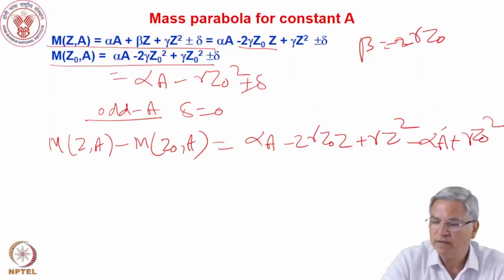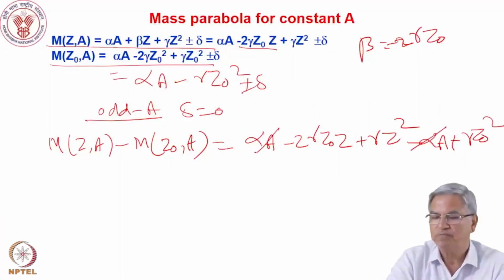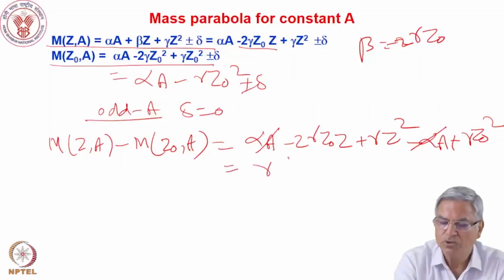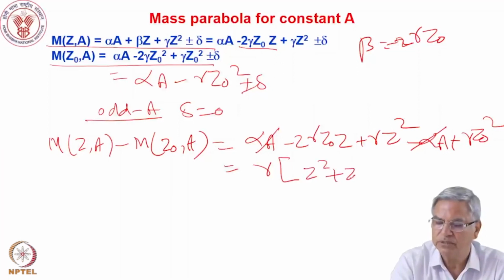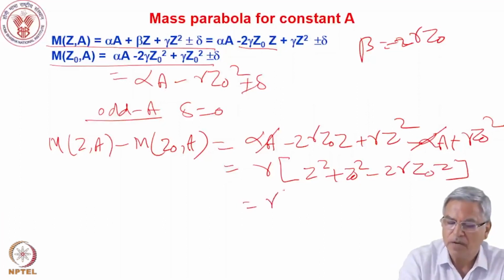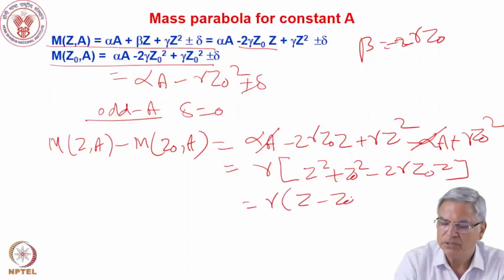So alpha A will cancel out, and gamma is common. What we have is Z square plus Z0 square minus 2 Z0 Z, times gamma, which is nothing but gamma (Z minus Z0) square.